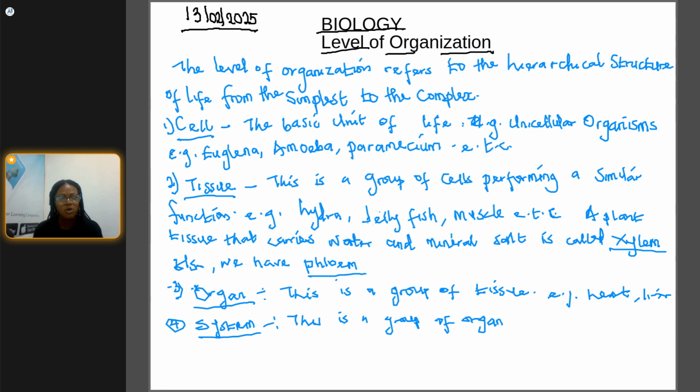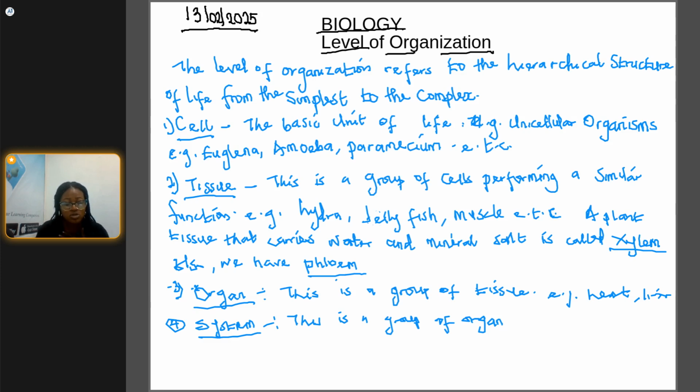We have a lot of systems under this category, like the reproductive system, the excretory system, the respiratory system. All these systems are groups of organs that work together.